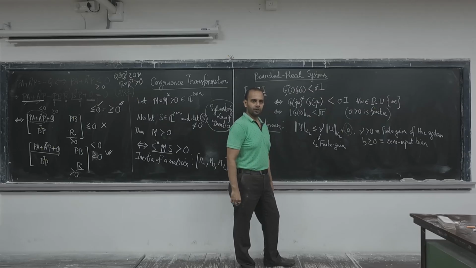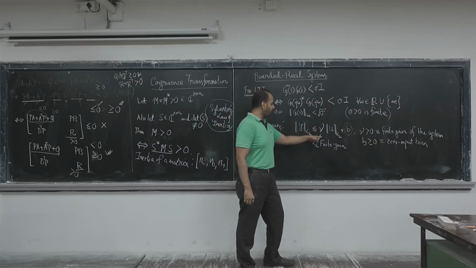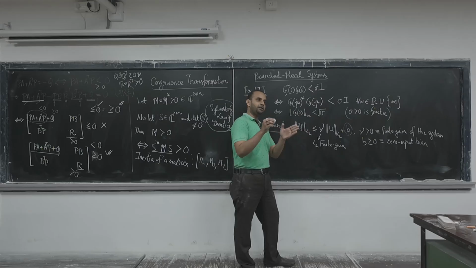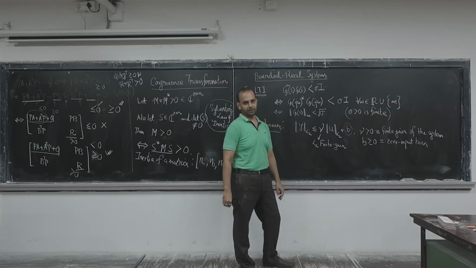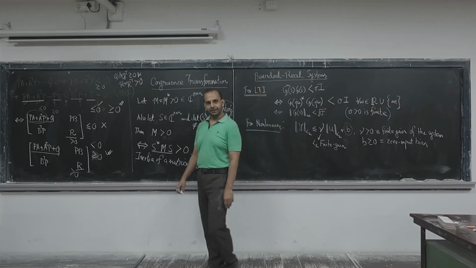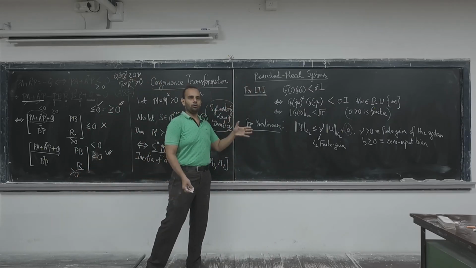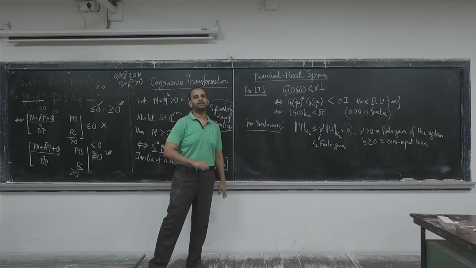So for a system, if you can represent it in this fashion, and you get a finite gamma, then you will say that the system is a finite gain stable system. In LTI cases, that is nothing but your bounded real system, whose transfer function belongs to RH infinity.